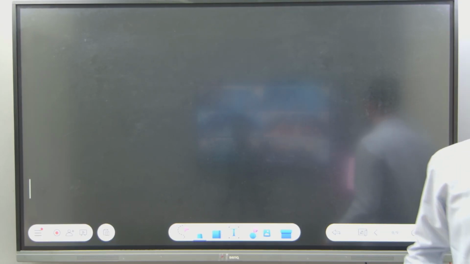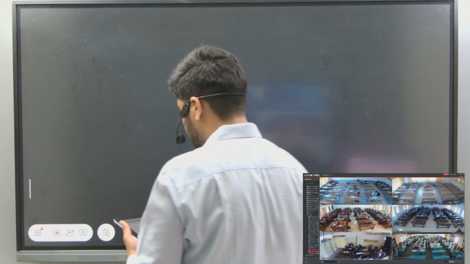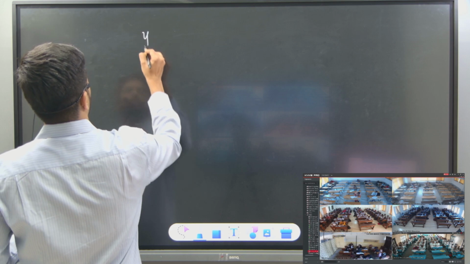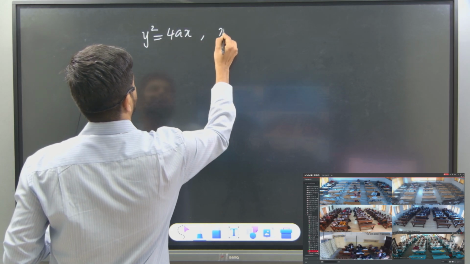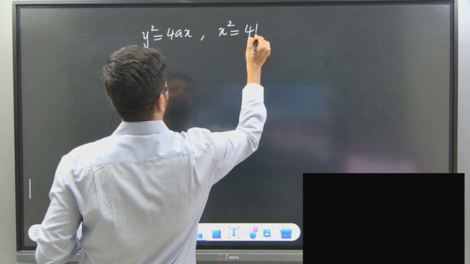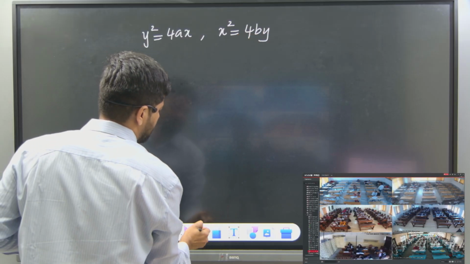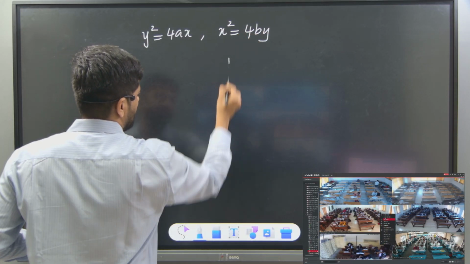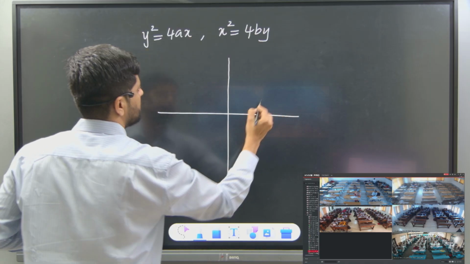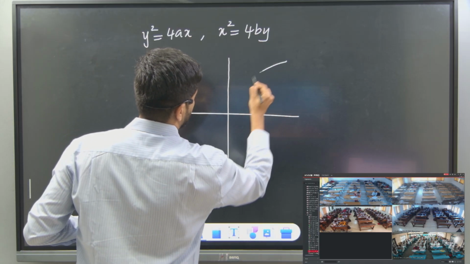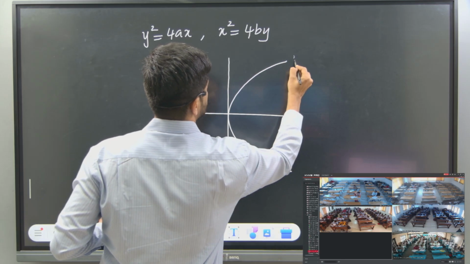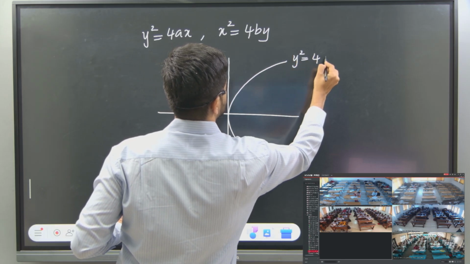I will go to the next type now. Whenever you have two curves, you have two parabolas. One is y square is equal to 4ax and the other is x square is equal to 4by. I have two parabolas. One parabola is y square is equal to 4ax.